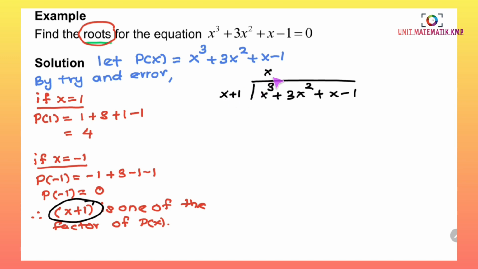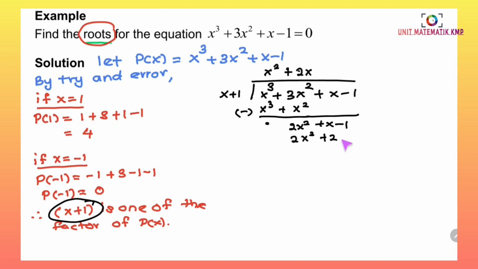So x times x square here is x power 3, and x square times 1 is x square. Subtract, we have 0, and 3 minus 1 here is 2x square, and bring down x minus 1. So x times what equals 2x square? x times 2x is 2x power 2, and 2x times 1 is 2x.